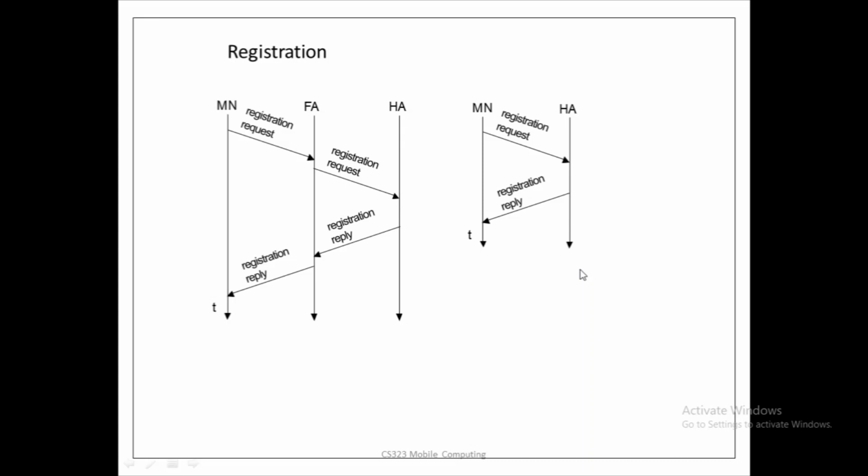If the mobile node receives an agent advertisement from the foreign agent, it should register via this foreign agent if the registration R bit is set in the advertisement. So this is about the registration. Two ways of registration we discussed here.